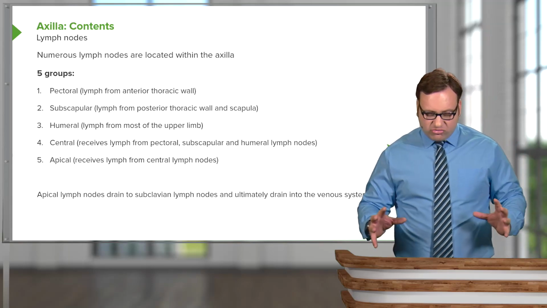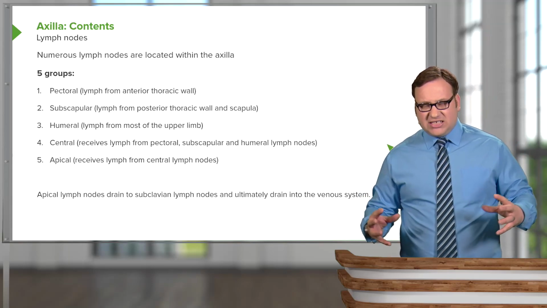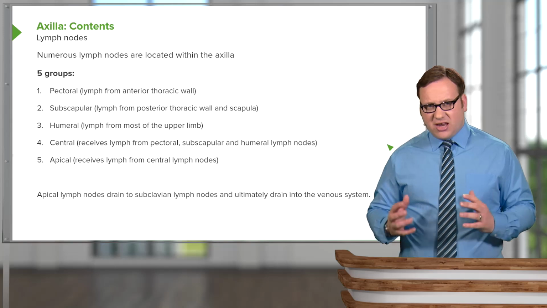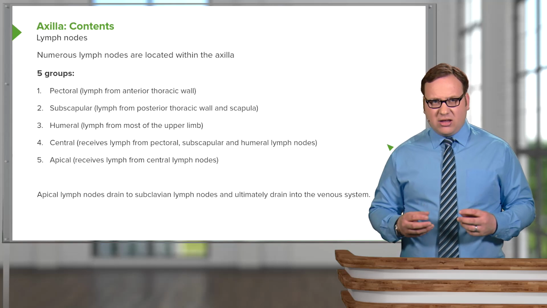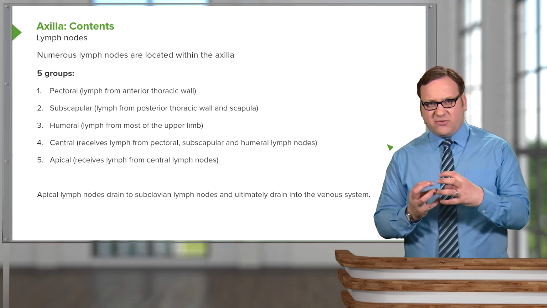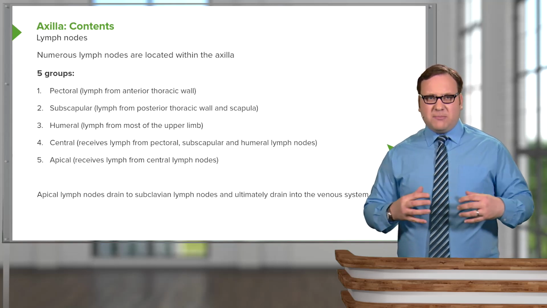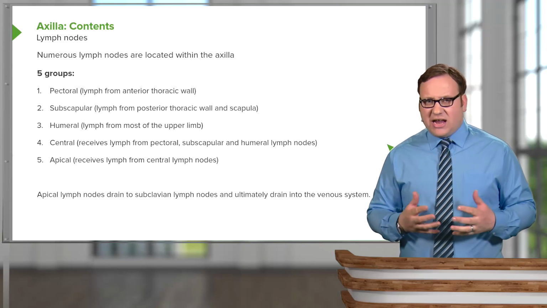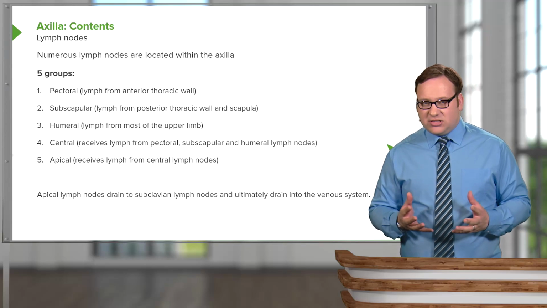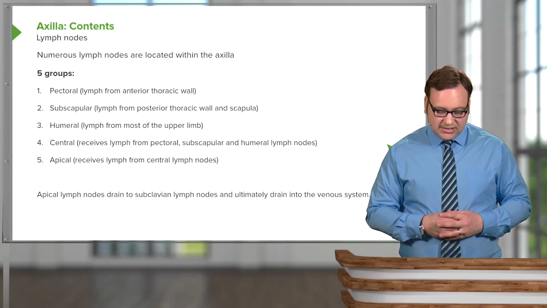So we have these groups within the axilla that are receiving lymphatic vessels from the neighboring regions. So pectoral, subscapular, and humeral pass to these central lymph nodes, and the central lymph nodes then pass up into the apex of the axilla. These will then drain into subclavian lymph nodes and ultimately into the venous system.